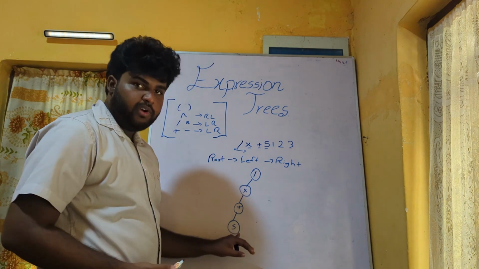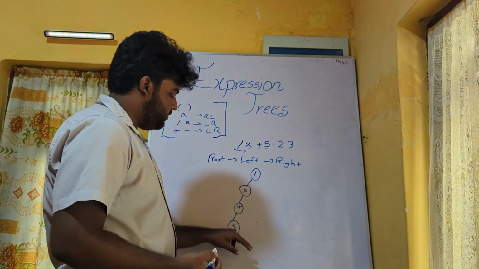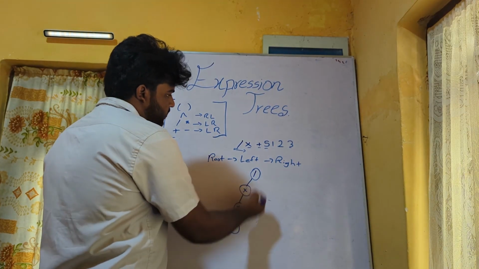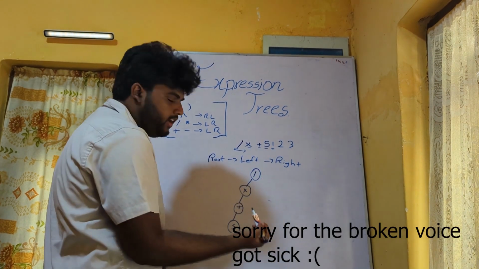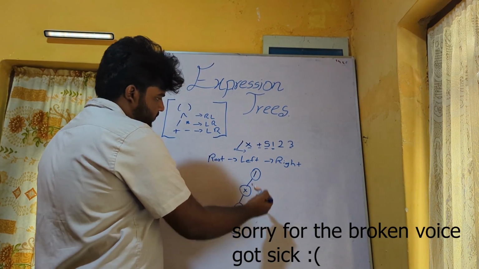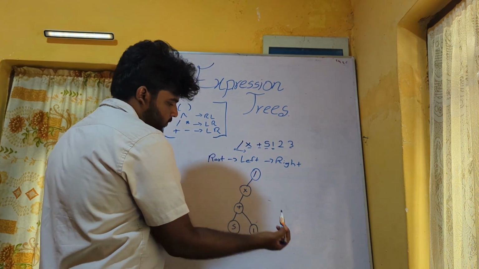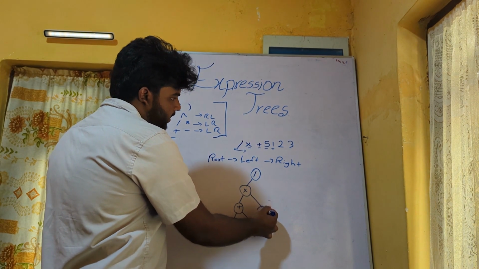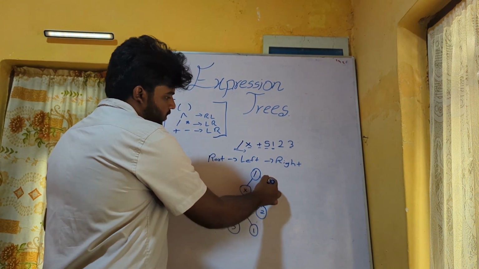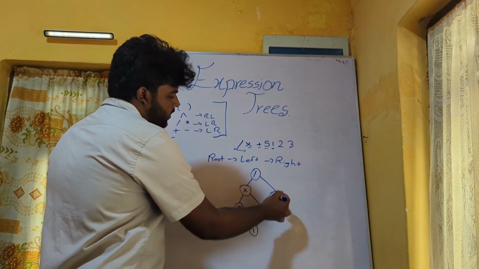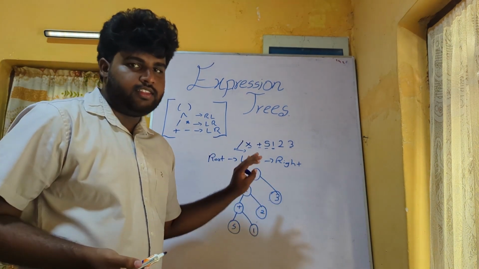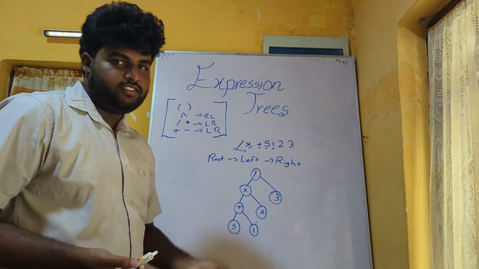Since this is an operand, no more child nodes. This is a leaf node. And then we need to put the 1. We go to right, put 1, go right again, put 2, go right again, put 3. And now we have the tree for this prefix notation.